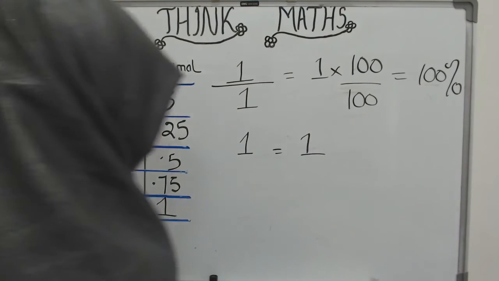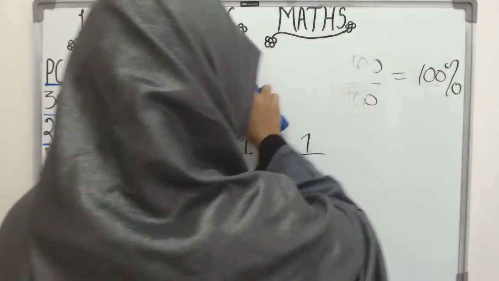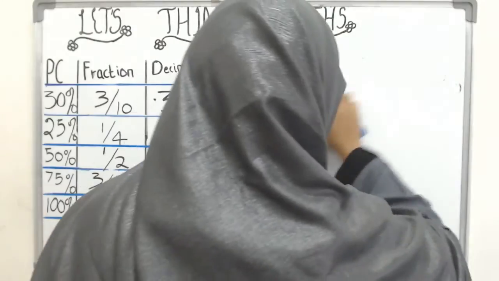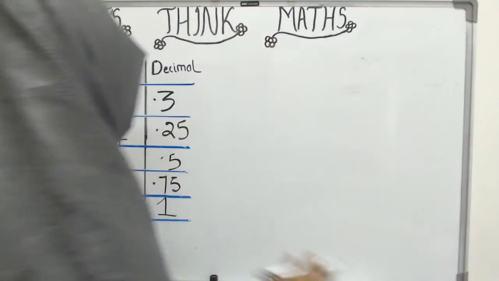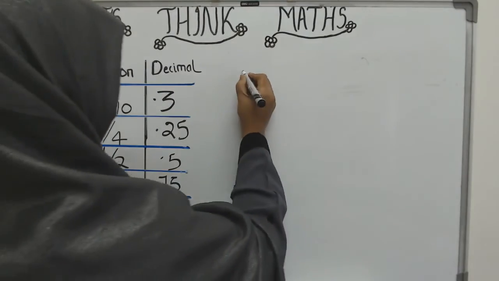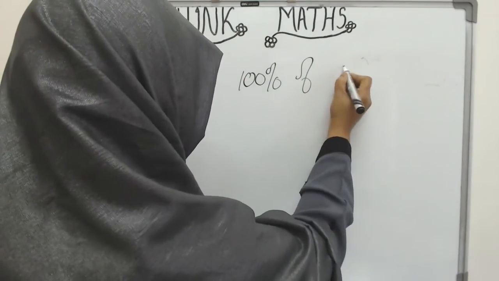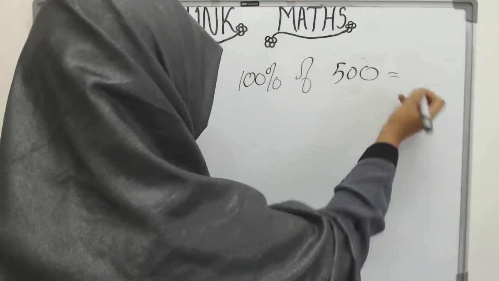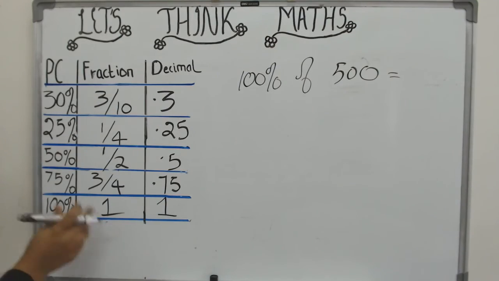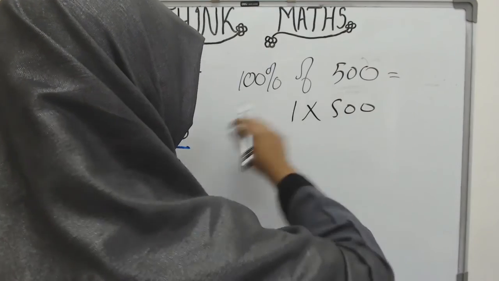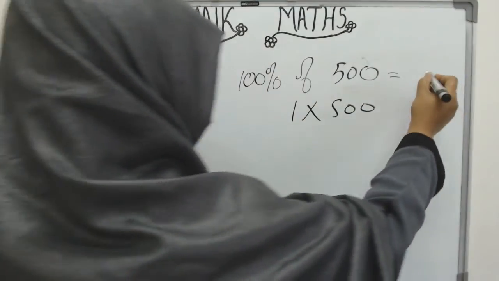Now, what is the use of going through all of this? Why are we converting percentages into fractions and decimals? For one, it makes our calculation very easy. Suppose, what is 100% of say 500? It is just 100% means 1. So it is the same as 1 multiplied by 500, which is the whole of 500.